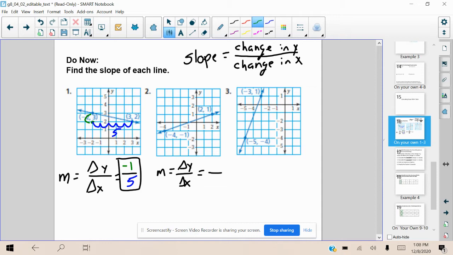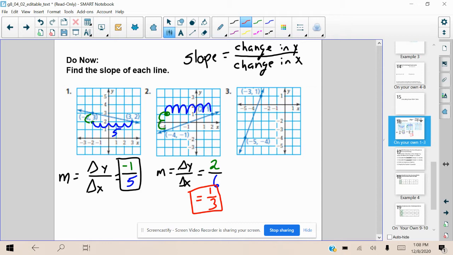The line is increasing, so I'm going up. I go up 1, 2 units. I go up 2, and I go to the right 1, 2, 3, 4, 5, 6. So I have 2 divided by 6. I know that I can simplify this to be 1 over 3. So my final slope is positive 1 over 3.